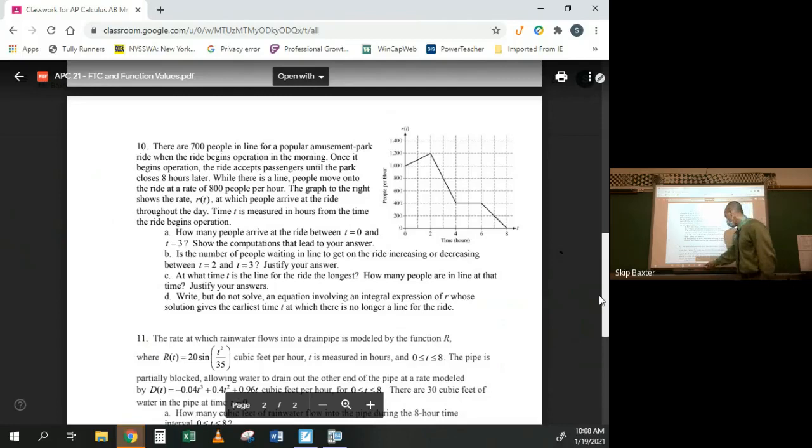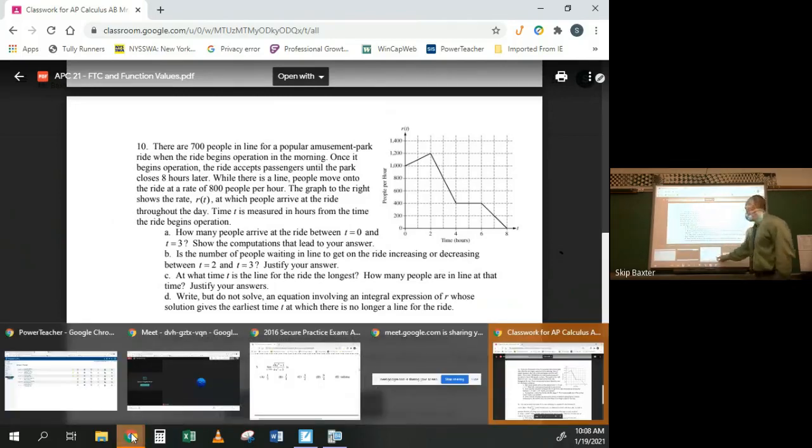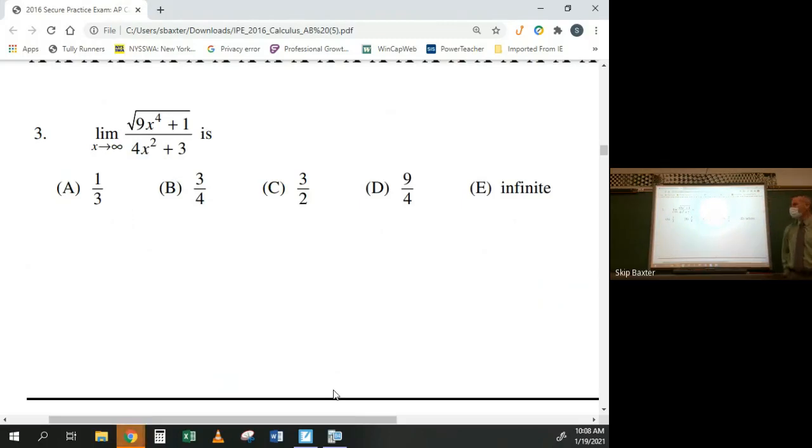I have one problem here. What do you think? The answer is 3/4. Remember, the way that you analyze a limit as x goes to infinity is you look at the order of the top and the order of the bottom, generally.